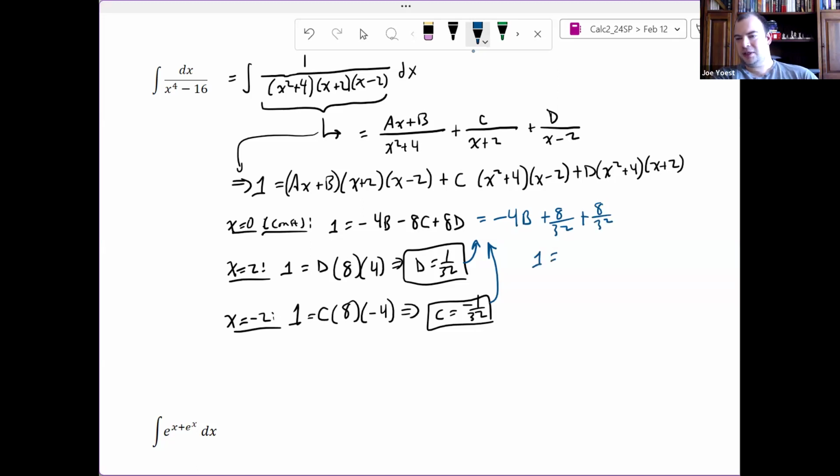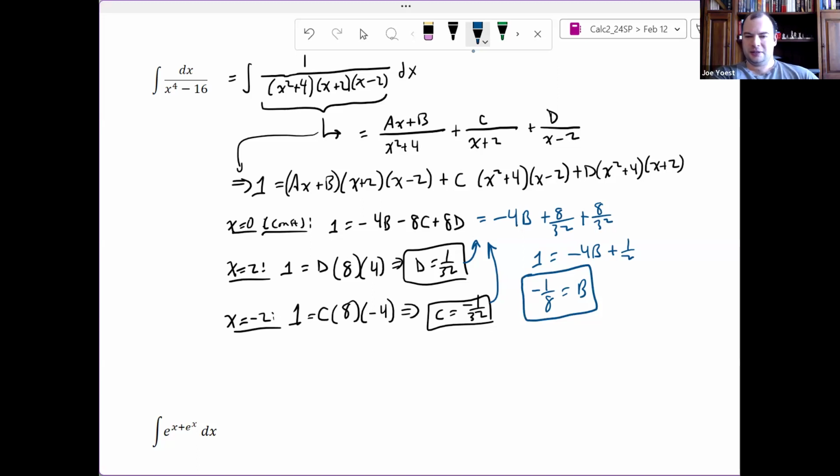So I get 1 equals what? Negative 4b plus 16 over 32, so plus 1/2. 1 minus 1/2 is 1/2. Divide through by negative 4. I get b is negative 1/8. That looks good.